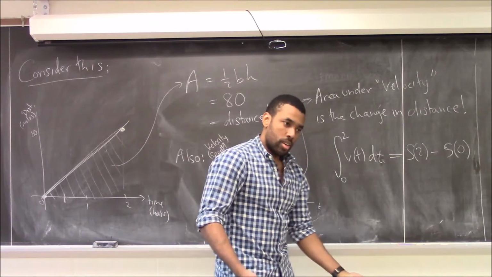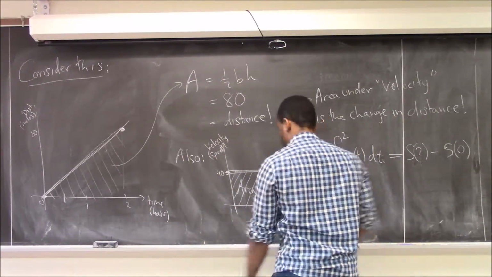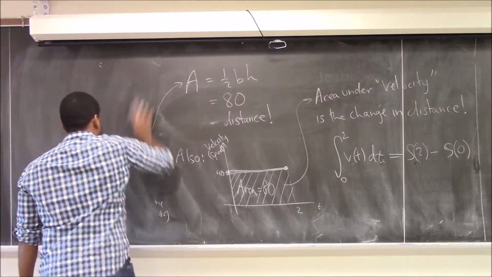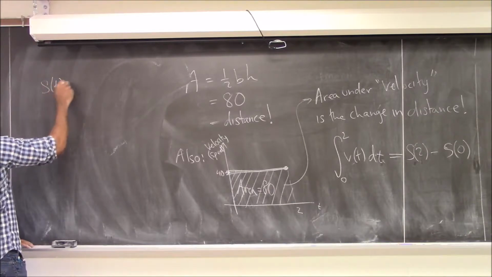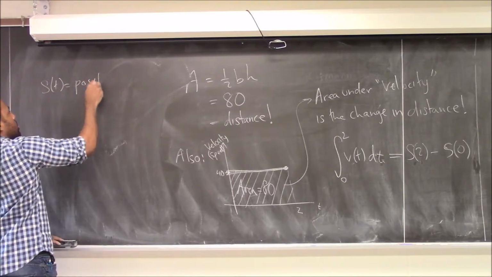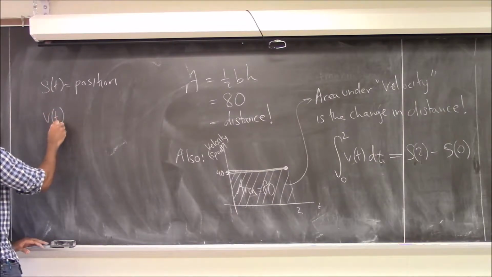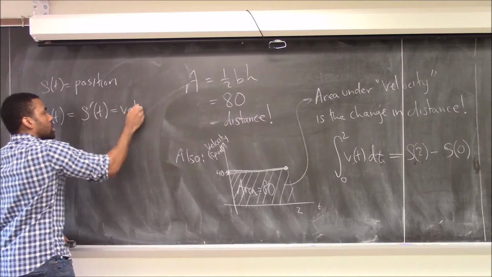Okay? It's very curious. What is the connection between v and s? Remember s is the distance function? So we know that if s is the distance or position function, what is v? It was the first derivative of s. That's how we got the velocity.